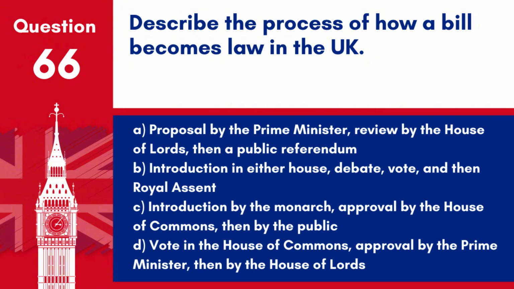D. Vote in the House of Commons, approval by the Prime Minister, then by the House of Lords. Answer: B. Introduction in either House, debate, vote, and then royal assent. This is the general process for a bill to become law in the UK.